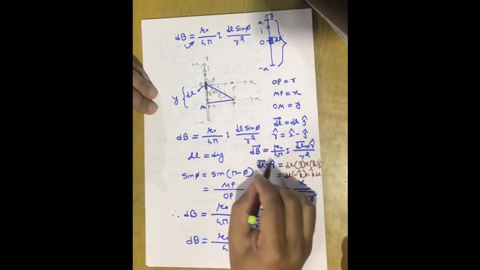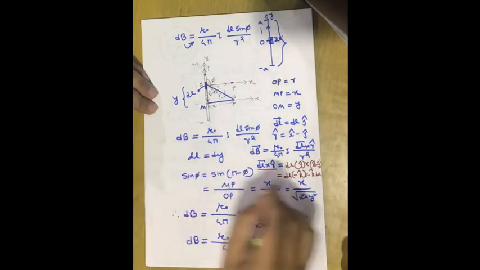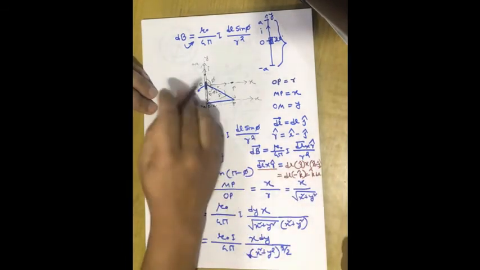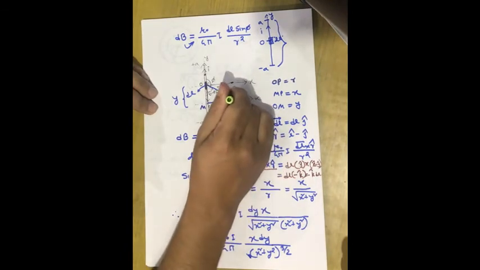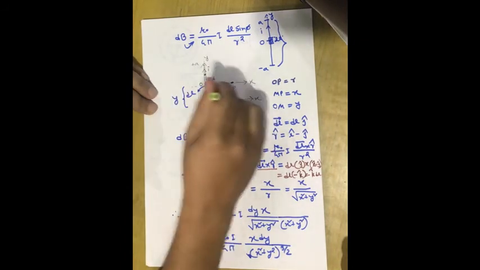Since the direction of the magnetic field is along the direction of dl cross r cap, the direction of the magnetic field is into the plane of paper. Say this is the xy plane, so the z direction is here. If the z direction is negative, it is into the plane of paper.